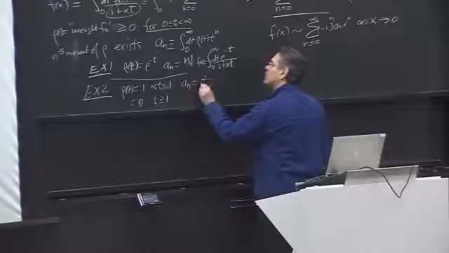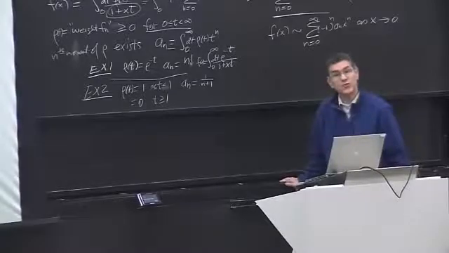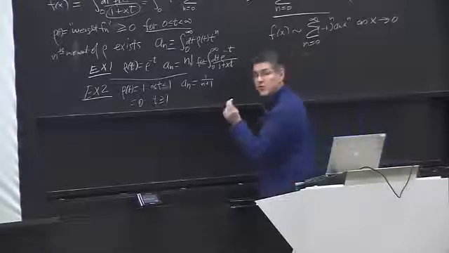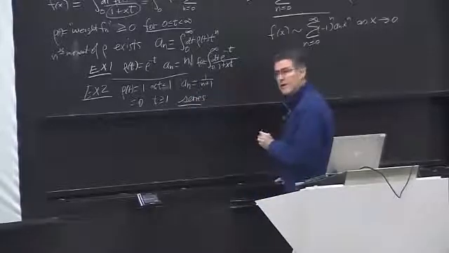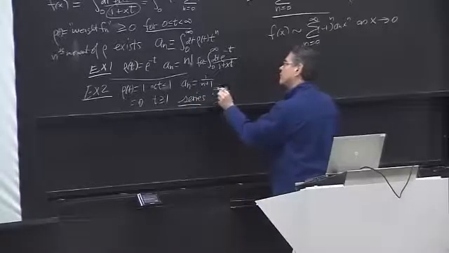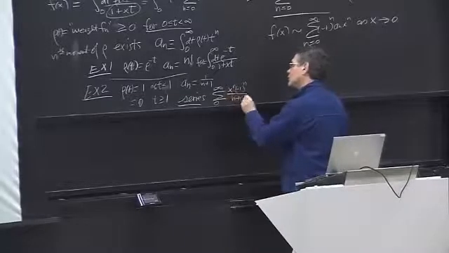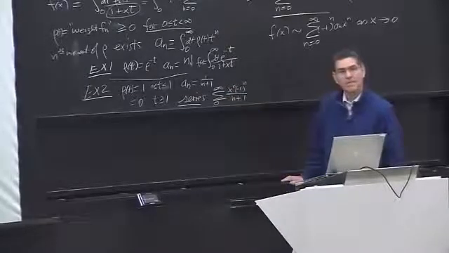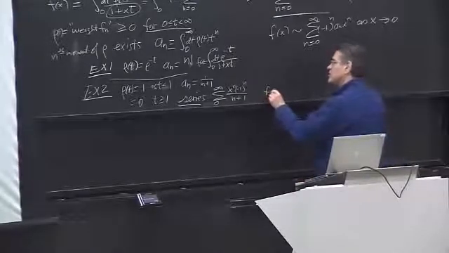A sub n is 1 over n plus 1. And the corresponding Stieltjes series would be the sum from 0 to infinity of x to the n, minus 1 to the n, over n plus 1. And what is the Stieltjes function in this case?